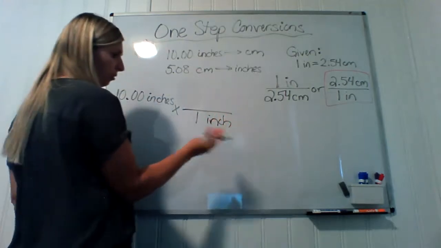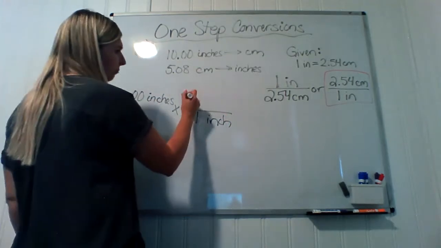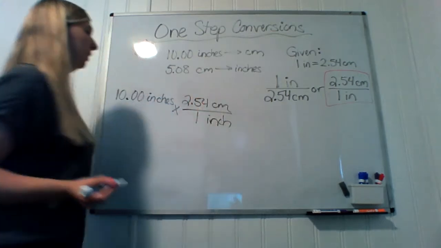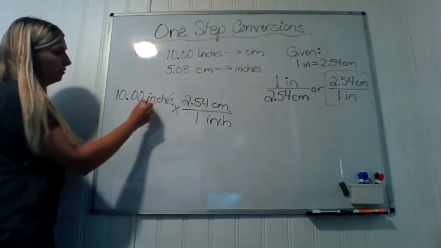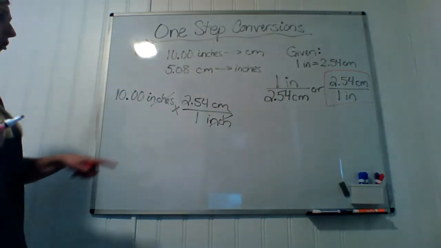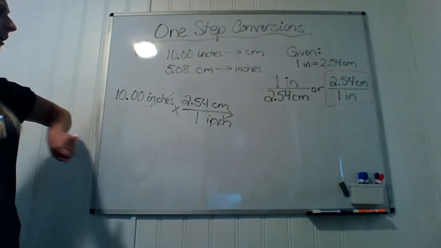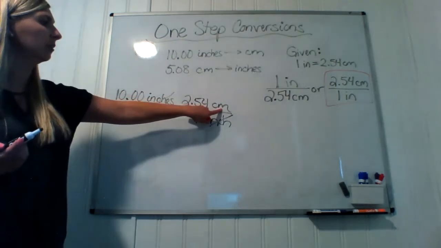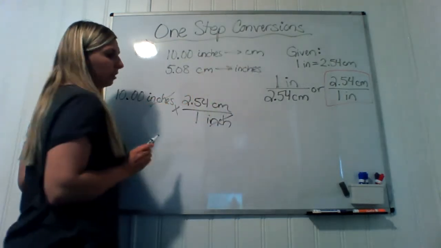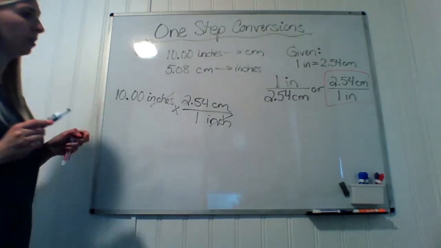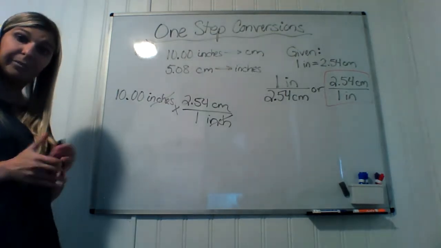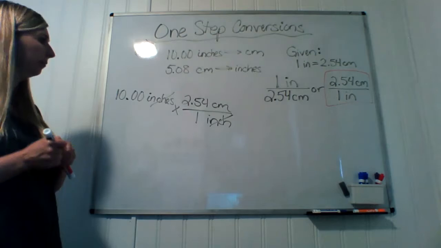You can write it all the way out or just as the abbreviation, 2.54 centimeters on top. Cancel out the units that we are changing. And then what you're left with is the units that we are looking to convert to. So remember, you always focus on the units first, and then you do the math later.